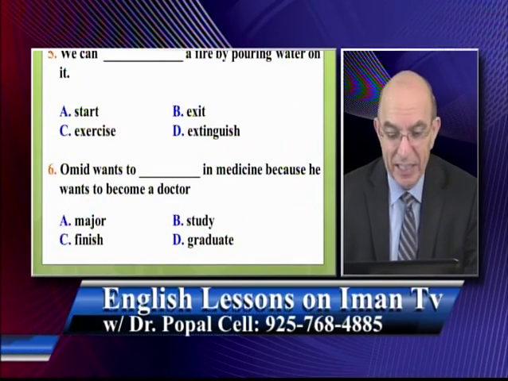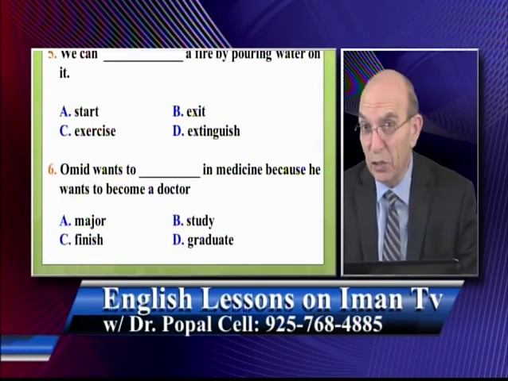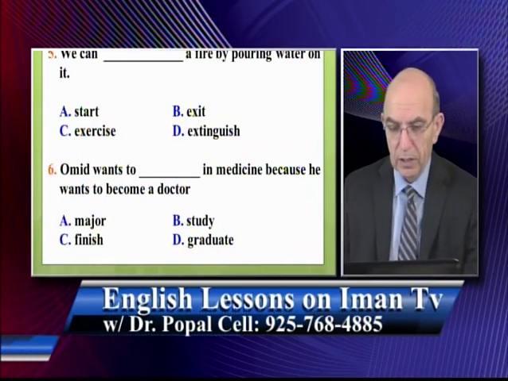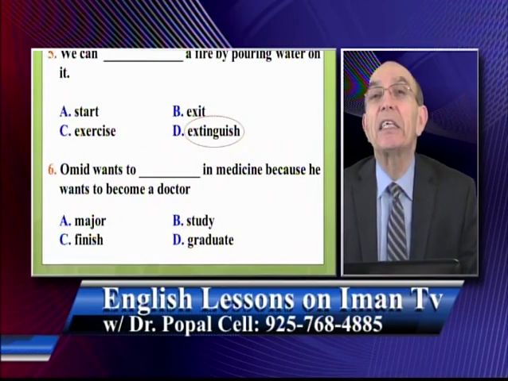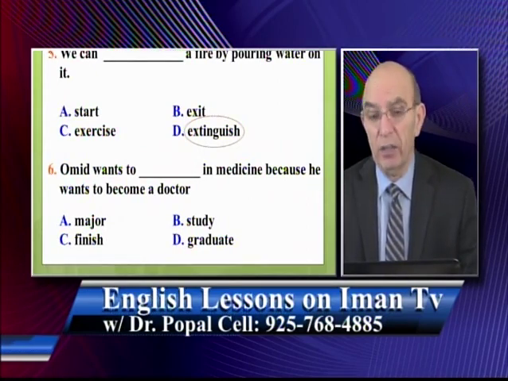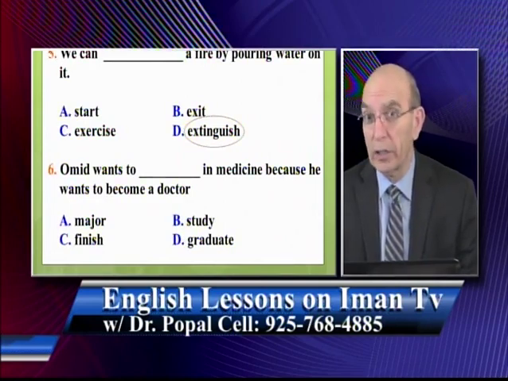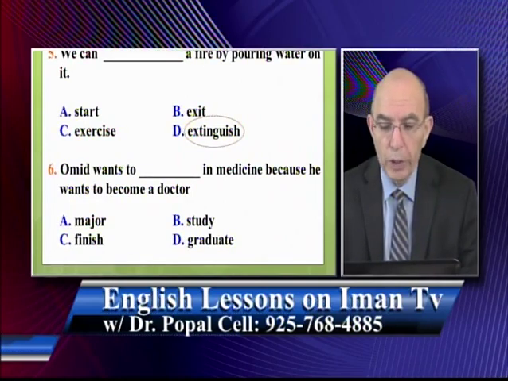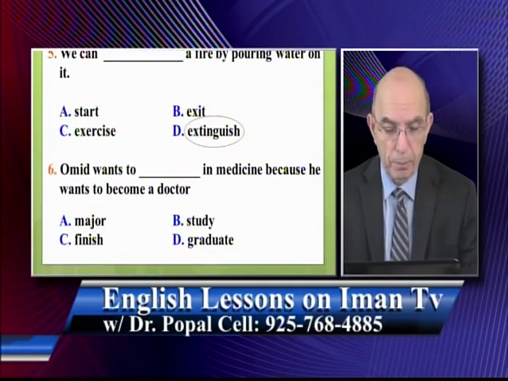Start, exit, exercise, extinguish. The correct answer is extinguish. And extinguish means what? Extinguish, kill a fire, okay? So we can kill a fire by pouring water on it. We can extinguish a fire by pouring water on it.